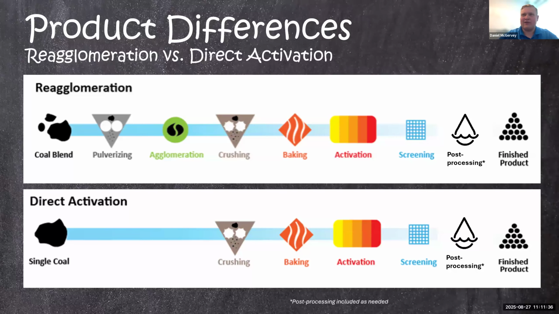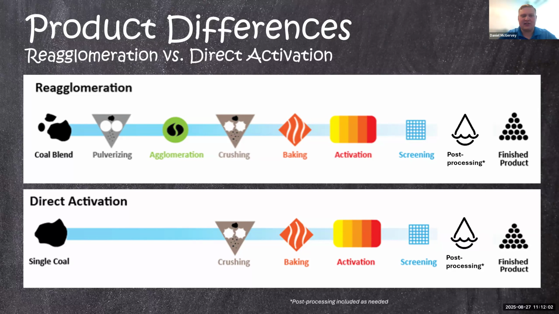There are also some differences in how the material is activated, or really differences before activation. So there's a typical direct activation where a single coal will go through the typical crushing, baking, activation, and screening process. Potential post-processing is included as needed, things like acid washing or things along those lines, before the finished product.